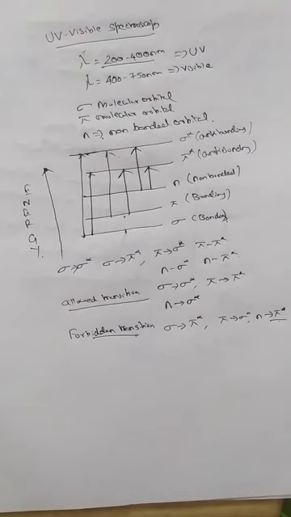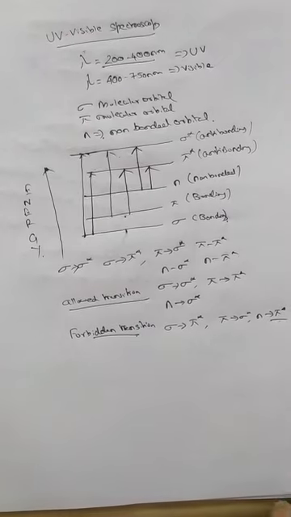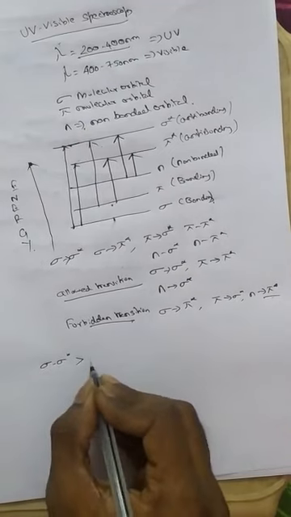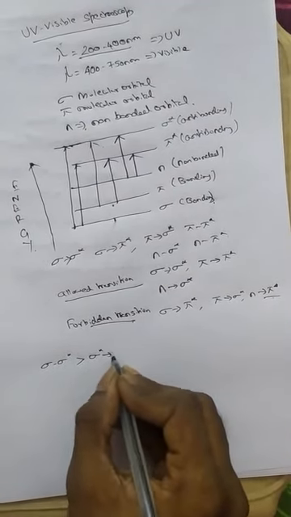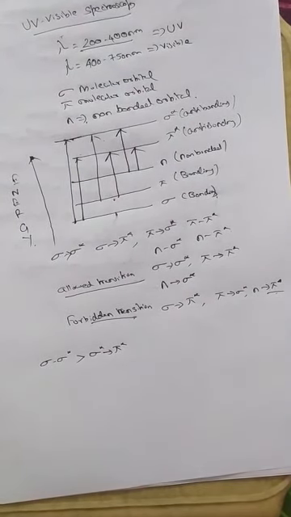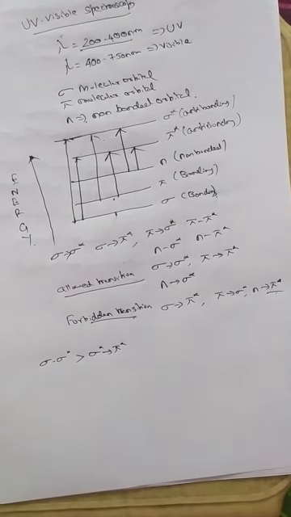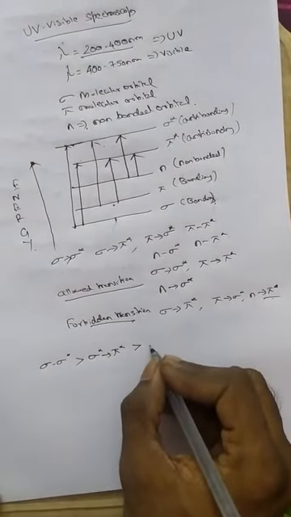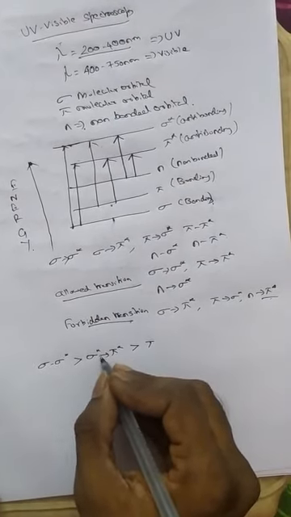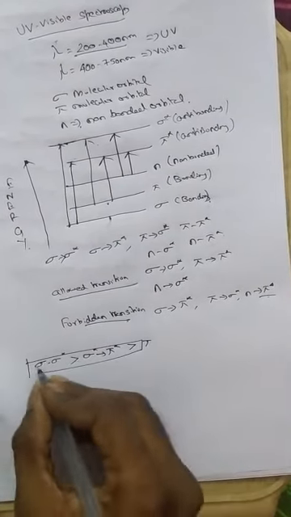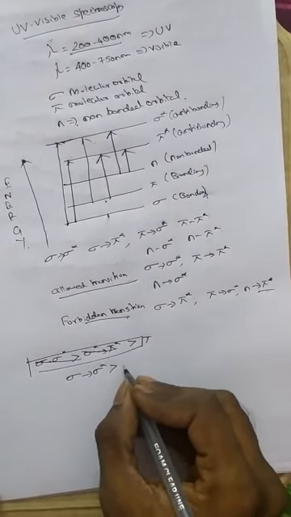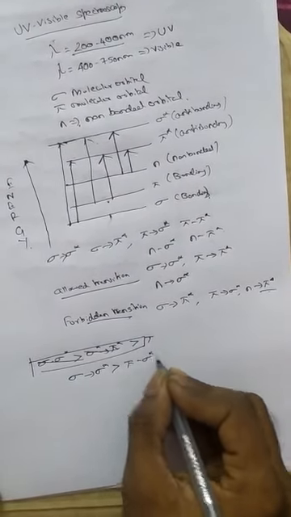If you consider the energy of the excitation, sigma to sigma star would have the highest energy. I think I have this wrong. So sigma to sigma star will be the highest, and pi to sigma star will be the next highest.